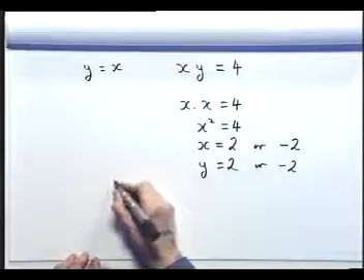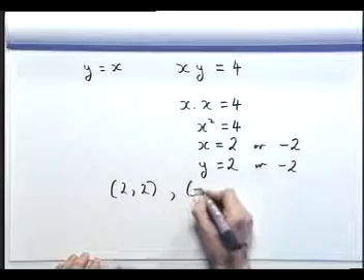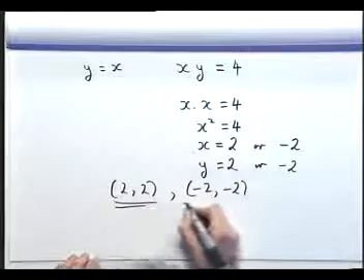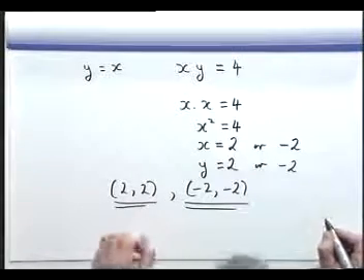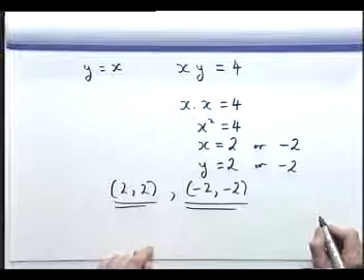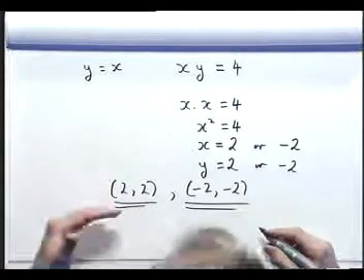And so our 2 points are (2, 2) and (minus 2, minus 2). Those are the 2 points where the normal meets the curve. Notice this is the first point that we started off with. And indeed, when we're doing this kind of question, the point where we started off with always is going to be a part of the solution.